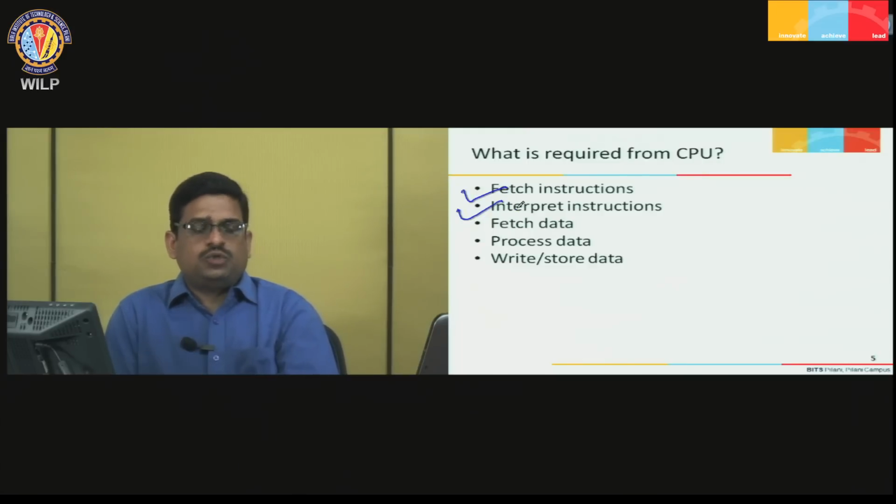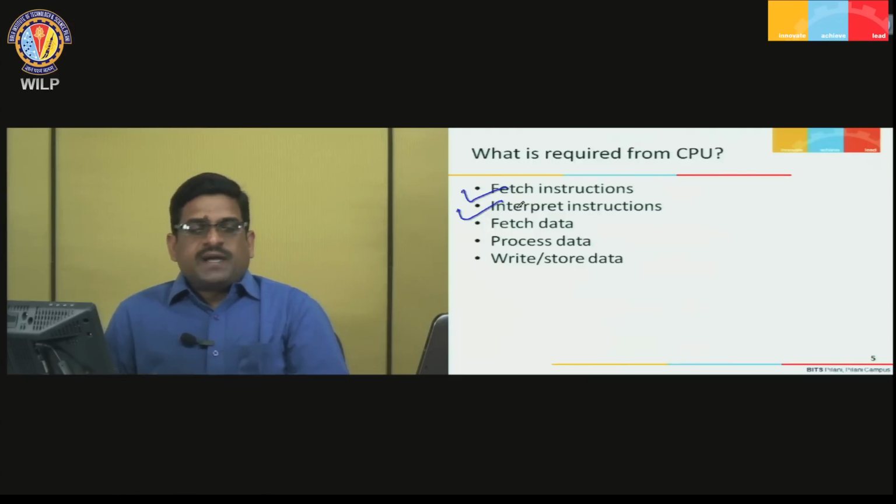Let's assume all this information is there, and now it is the processor's responsibility to interpret this instruction, identify the operation, and after identifying the operation, initiate this operation for completion.